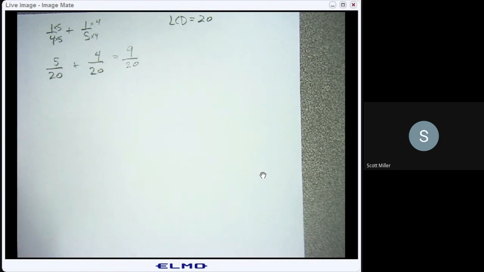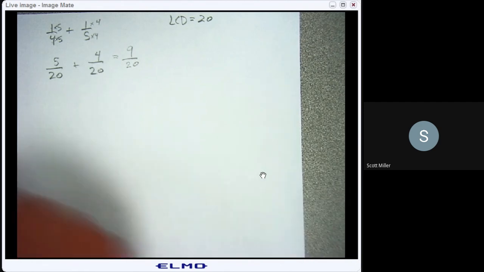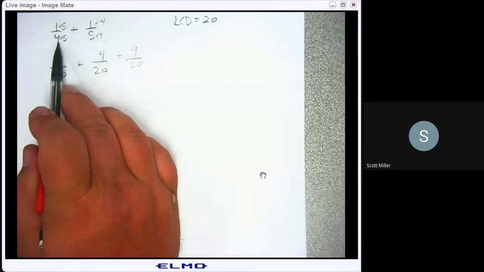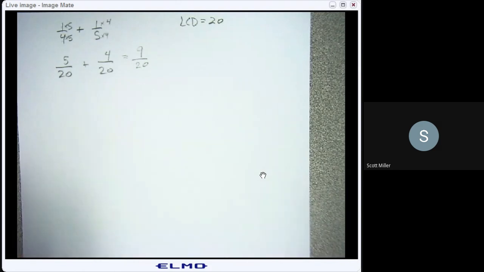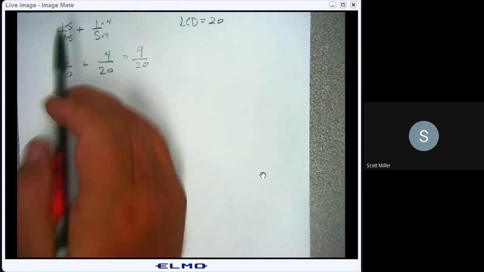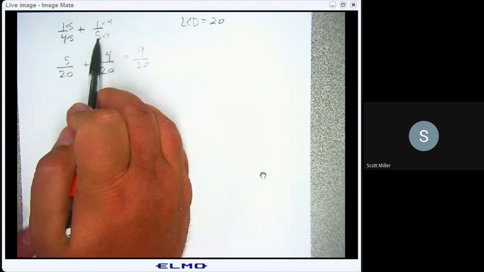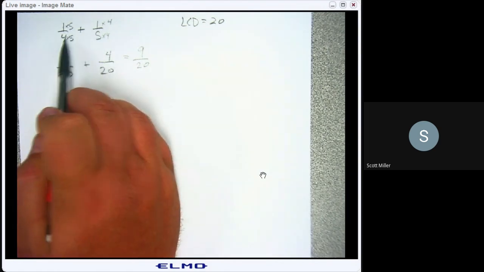Now in this case, it was a simple idea here because it was just, this is 4 times 5 and that's 5 times 4. That's not always the case. Okay, there could be a smaller one. So can I do that all the time? Actually, yes, you can. Remember I told you, there's an infinite number of possibilities. So if you are in doubt and you do not know how to find the least common denominator, you can literally take this one and multiply to that one, and take that one and multiply to that one.